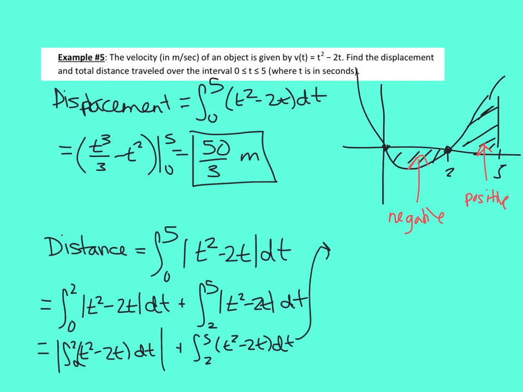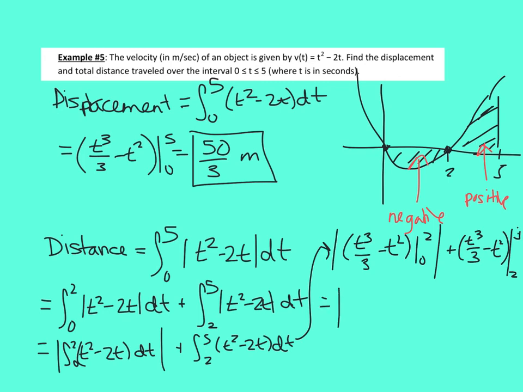Okay, so you'll notice I have absolute value bars here, but do not let that freak you out. You're not going to be doing anything special with this one until after you take the integral. You just know that you're going to be making it positive in the end. The second one, I get the same integral. Don't need to worry about the signs for that one because I already know it's positive.